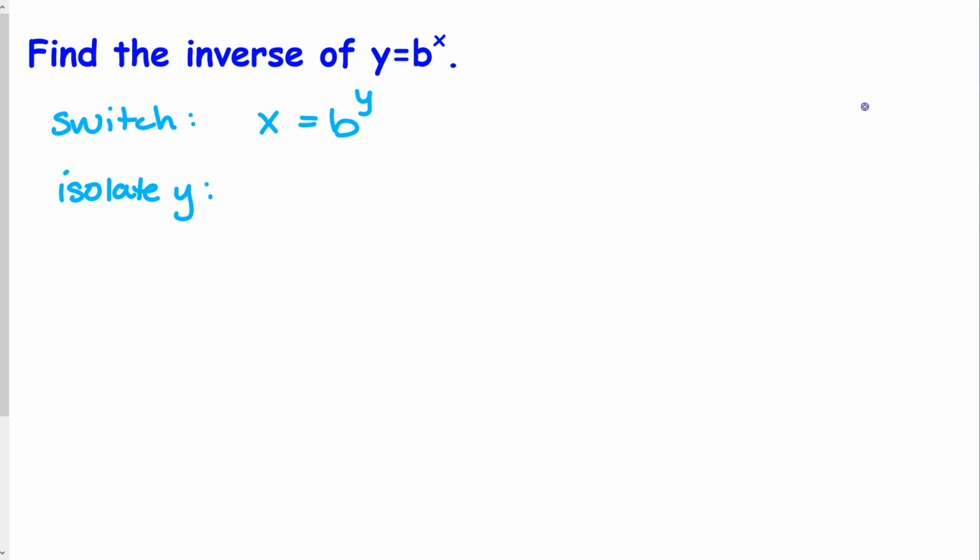The purpose of a logarithm is just to have a new operation that will allow us to isolate y in this equation and allow us to have something that's the inverse of the exponent.